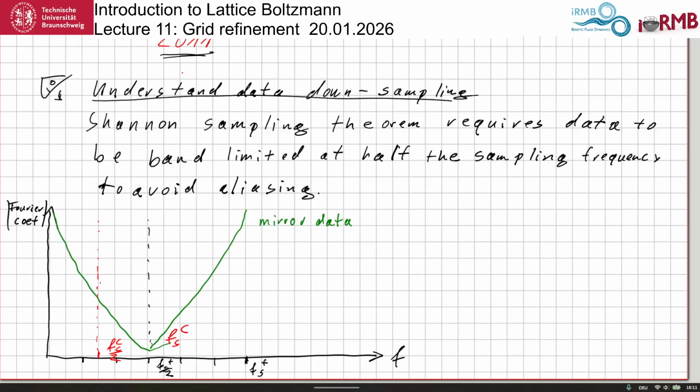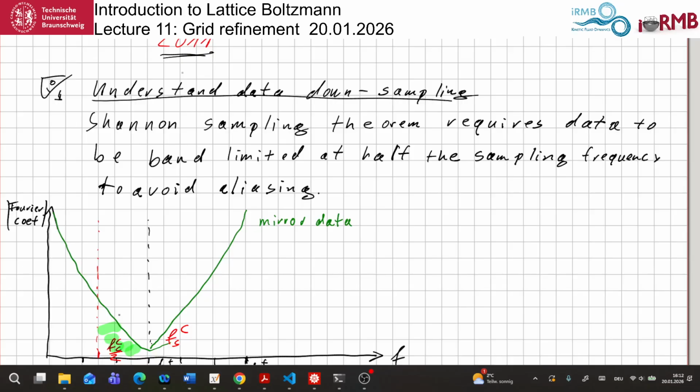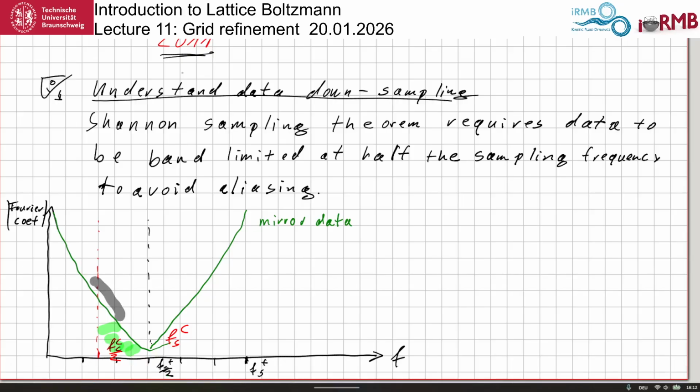So everything below here will be transferred into this domain here.